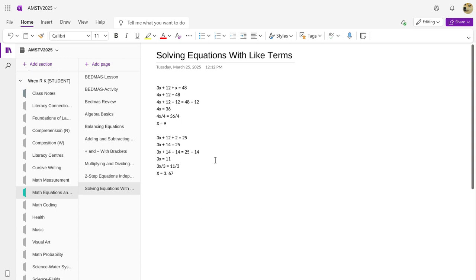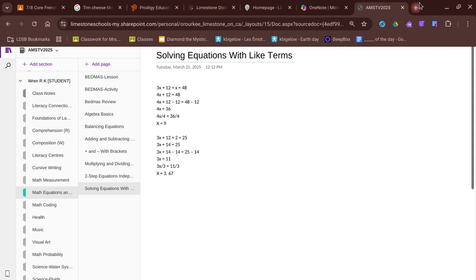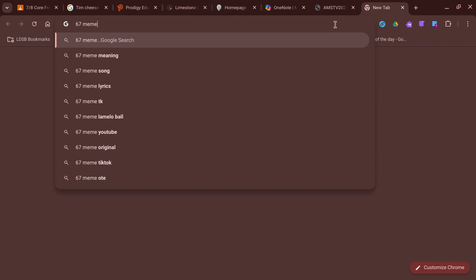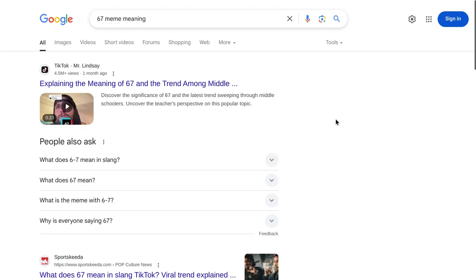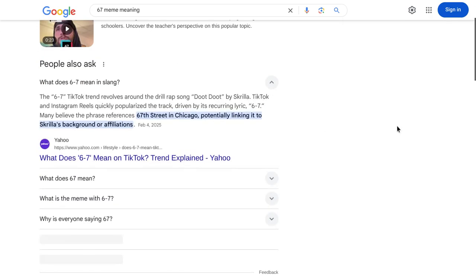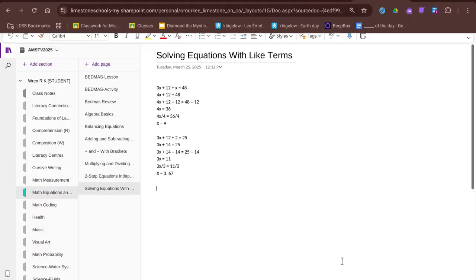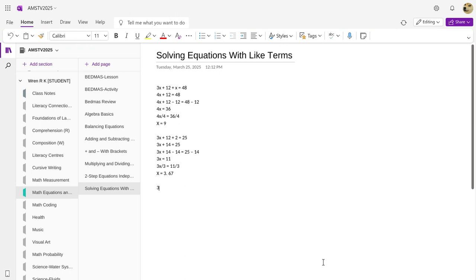Okay, so there are 8 questions. If there's two x's together, you've got to add them together. If there's two numbers together, you've got to add them together. So in this case, I've got this and this.